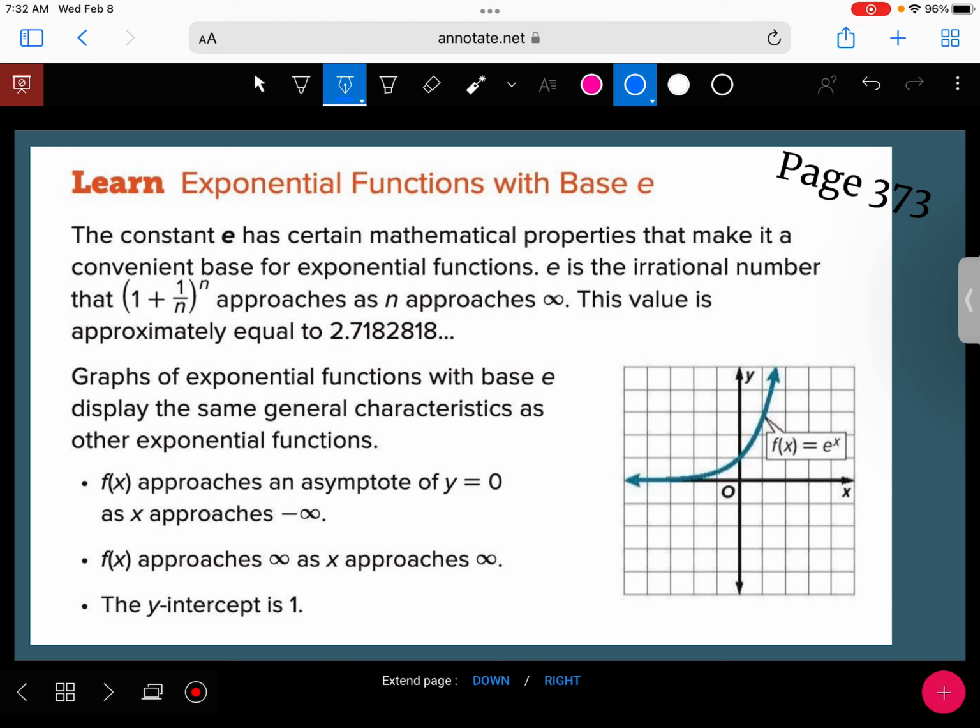Okay, so we're still talking about exponential functions, but these are going to be with base e. Has anyone heard of base e before? No? If you look on your calculator, you can actually see base e, and it is right above your ln button, which is underneath your second button.